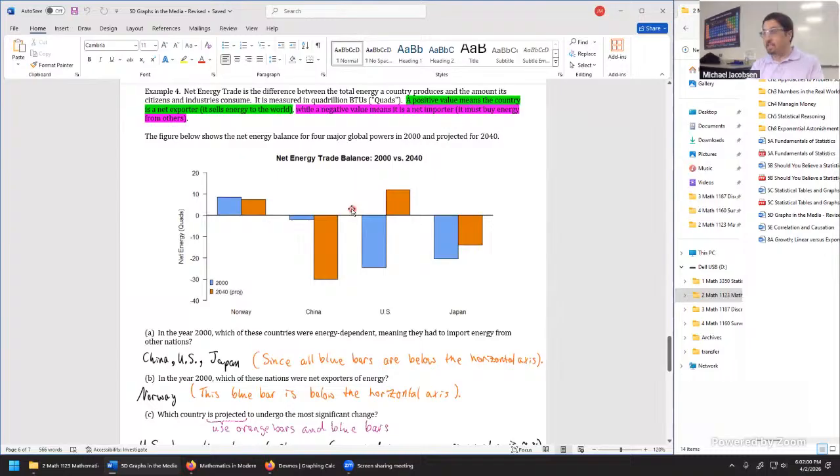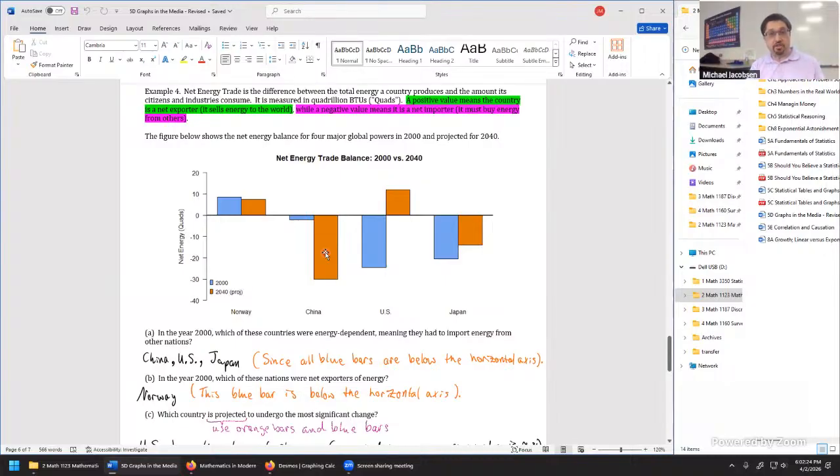But aside from that, we were nearly done with this problem, but we decided to come back to it instead of rushing through it on Monday. This problem is about the net energy trade balance among 4 different major global powers in the year 2000 and projected in year 2040. The idea was if a bar is below the axis, that means the country actually uses more energy than it itself produces.